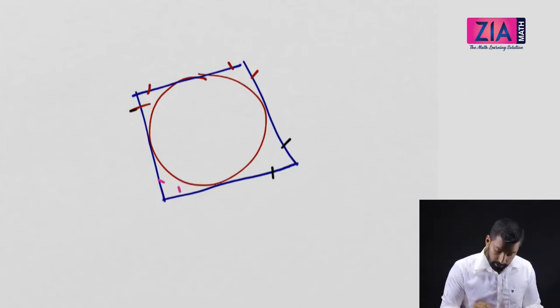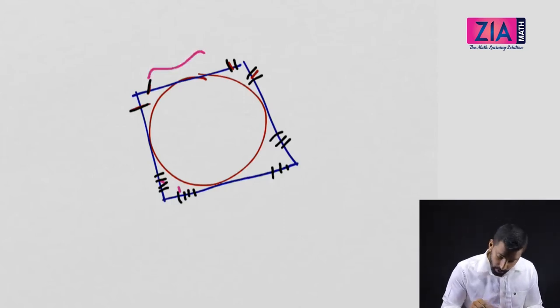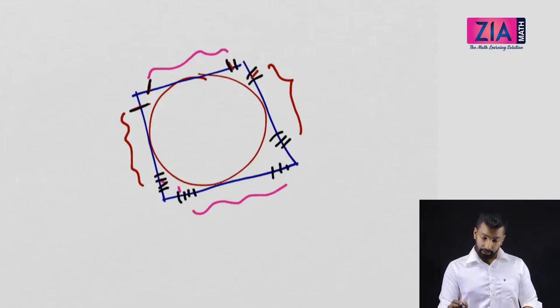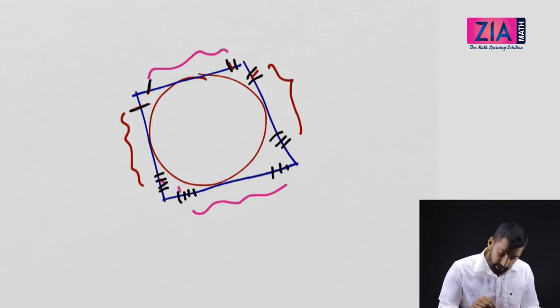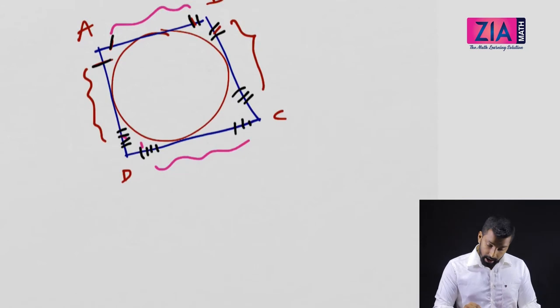So if you mark this as 1 and this as 2, this as 3 and this as 4, what you can understand is, here you are getting 1, 2 and here you are getting 3, 4. Similarly, here you are getting 1, 4 and here you are getting 2, 3. So if these are A, B, C, D, now it's going to be very simple.